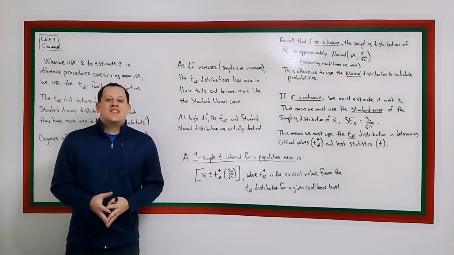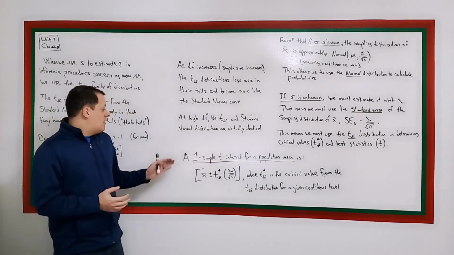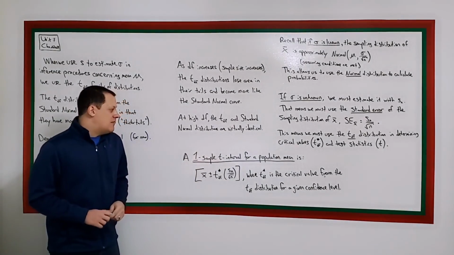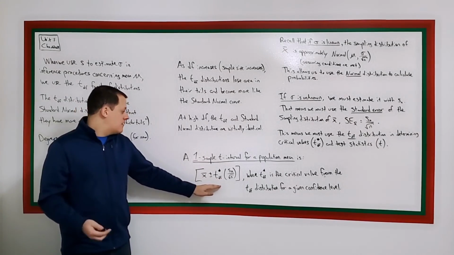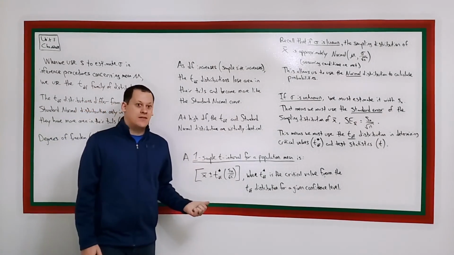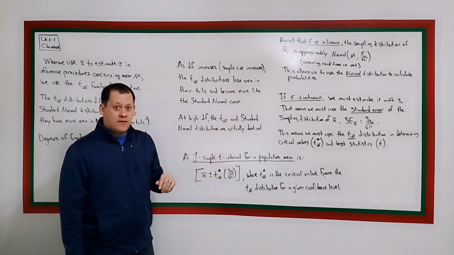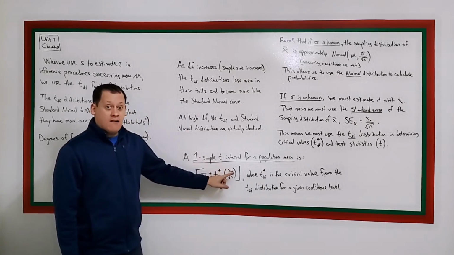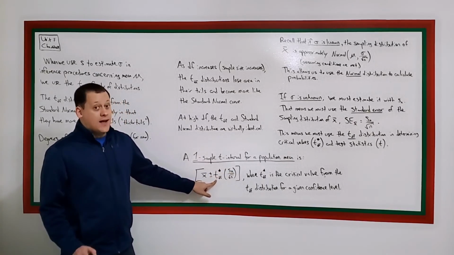So the reason for these last two videos is to set up this. A one sample t interval for a population mean has this formula that we discovered earlier. And now we know why it is this formula. We have to use Sx because we don't know sigma. And now we know if we do that and we're using the standard error here, we now have to use the t critical value, not z.